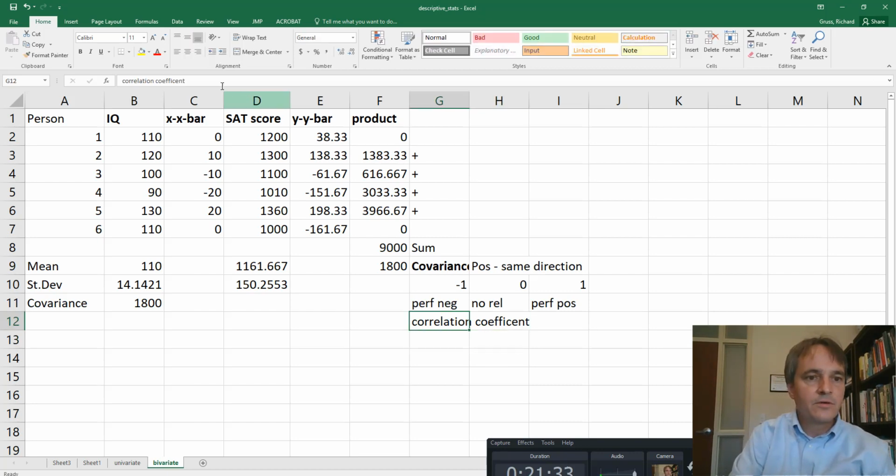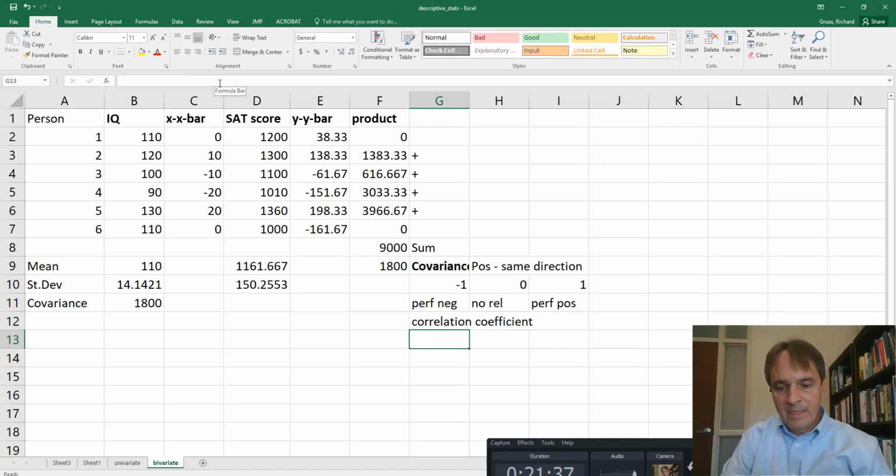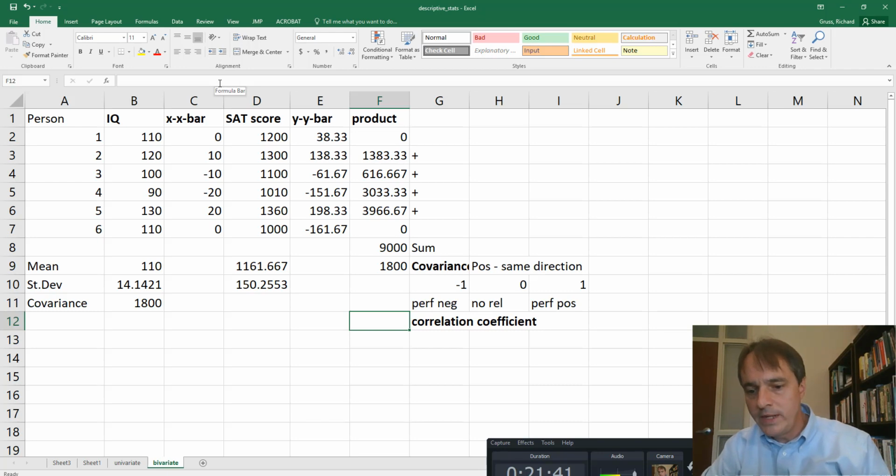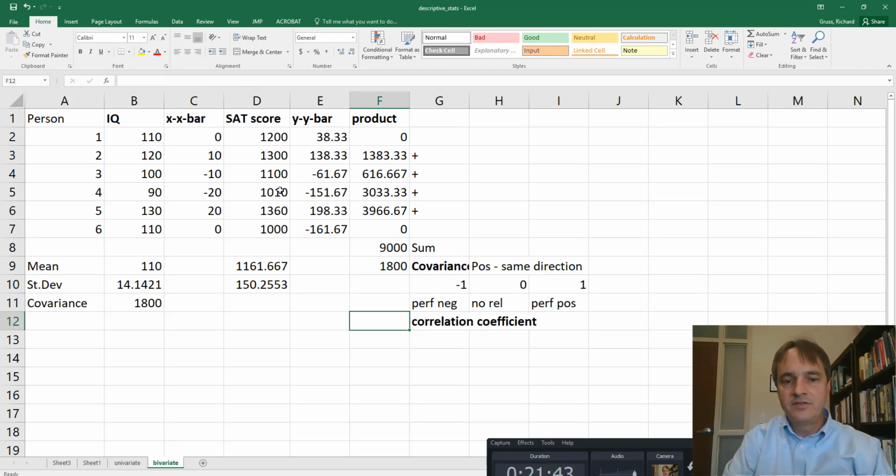It turns out that we can get this by dividing the covariance by the product of the standard deviations for each of the variables. So let's do that manually first before just asking Excel to do the correlation.